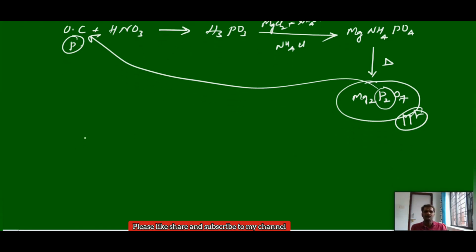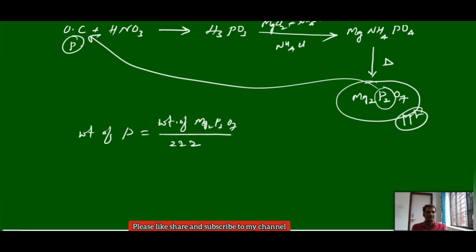And first of all, how to identify the weight of phosphorus? To identify the weight of phosphorus, first we have to identify how many moles of magnesium pyrophosphate are formed. For that, the number of moles of magnesium pyrophosphate is the weight of magnesium pyrophosphate by the molecular weight. The molecular weight of that compound is 222, and this gives the number of moles.